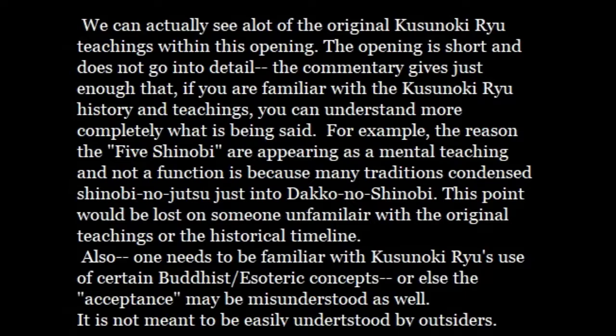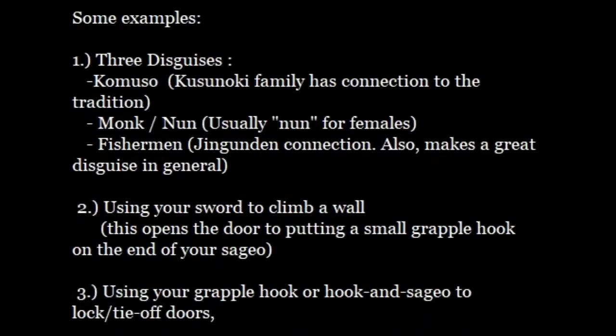Acceptance is the second level. And the reason that you would know to read it this way is because you're familiar with the vocabulary and the usage of the vocabulary from all of the other Kusunoki documents.